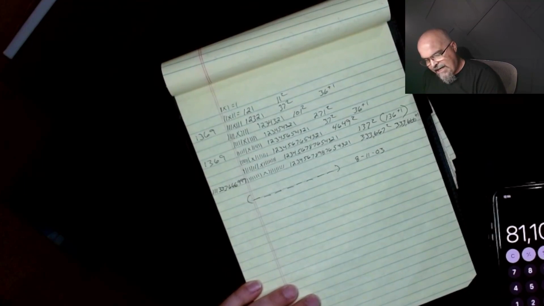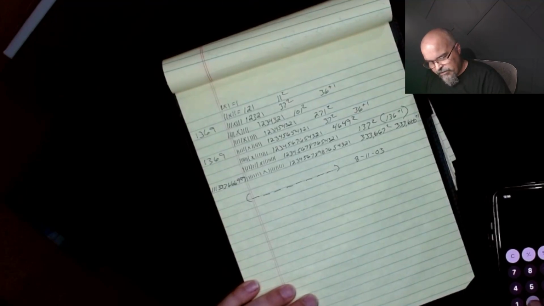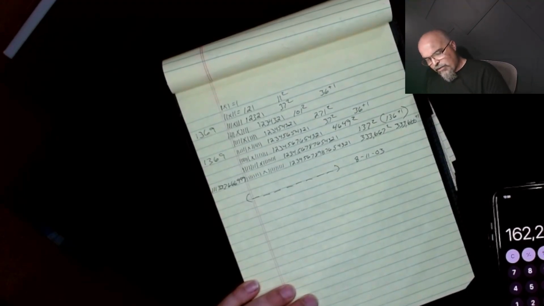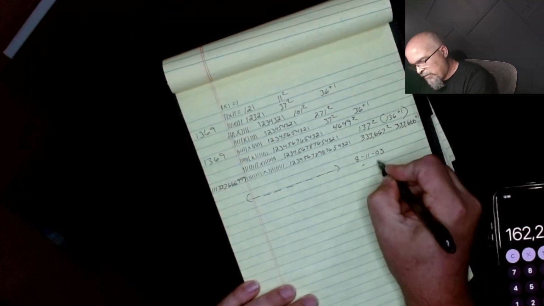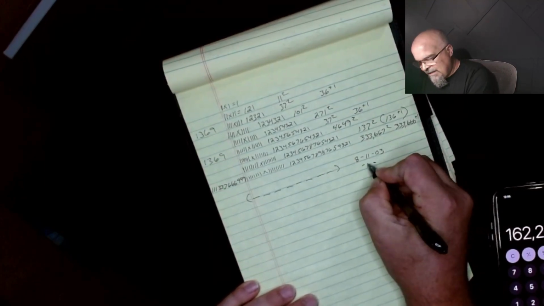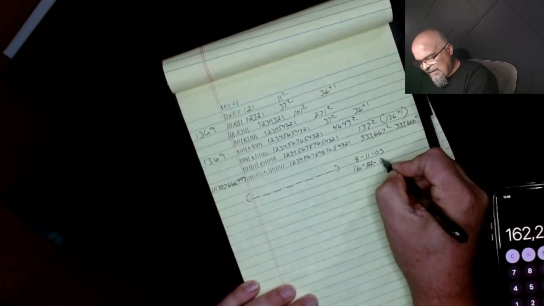Let's try that 8-digit system. Again, I said we're going to use ones just to make it simple, but now let's go 2. 22222222 divided by 137 equals 162,206. If you look at this and you put spaces, 22, 16, 6.